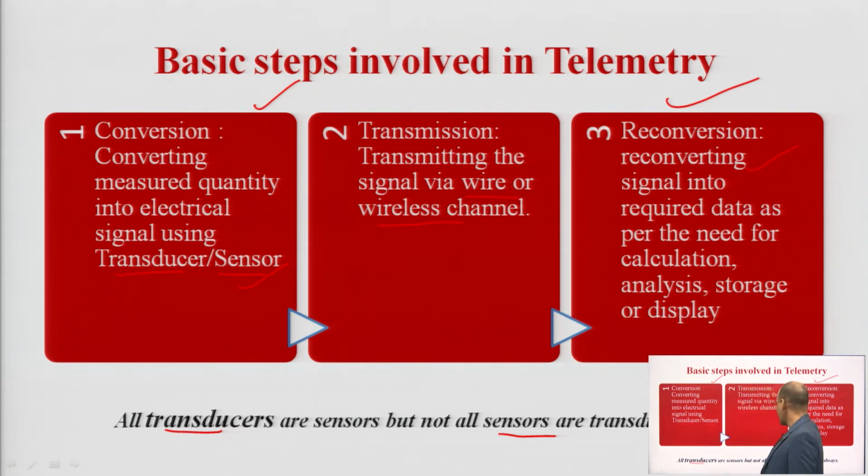Sensors also do the same, but transducers are of two types, primary or secondary, and as per the definition, a transducer converts one form of energy into another also. That is why all sensors are counted as transducers, but all transducers are not sensors. So, you can easily understand that.